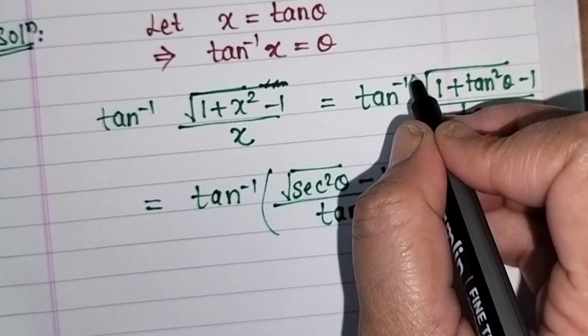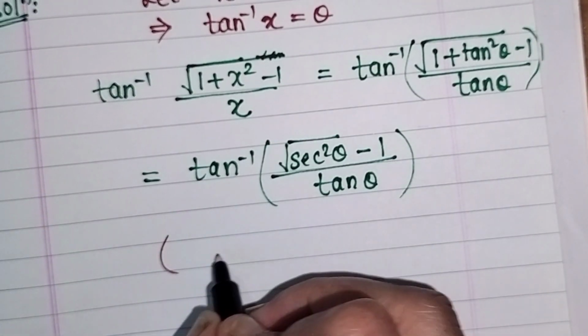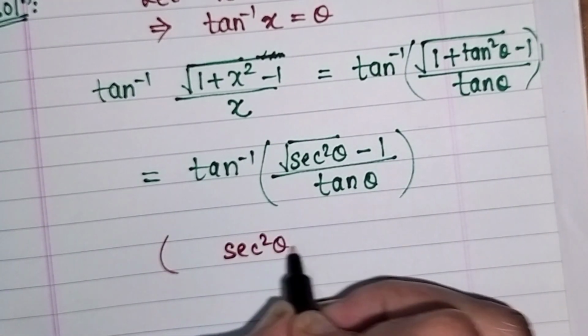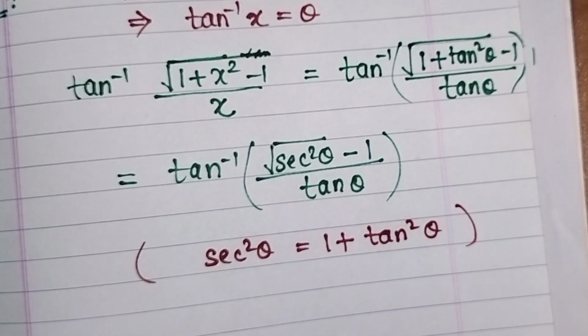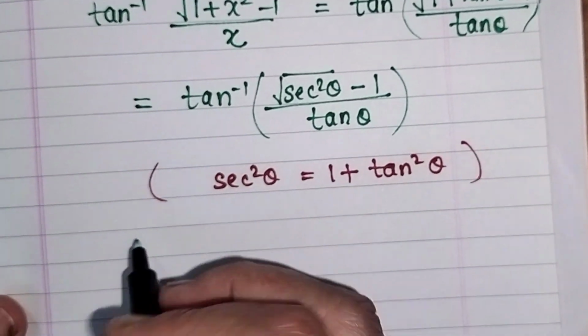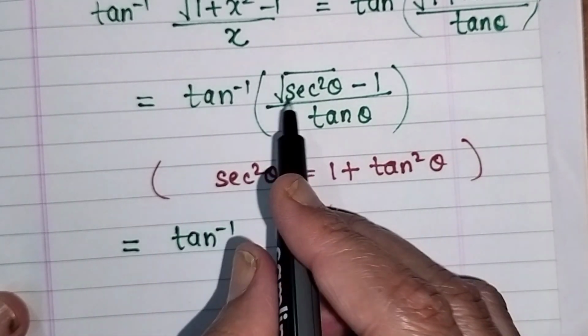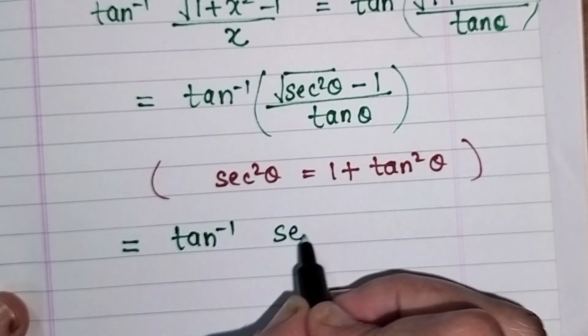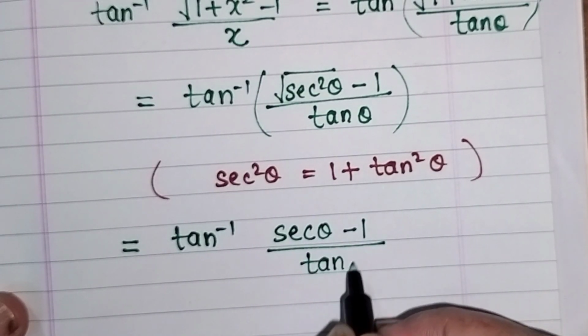Okay, so we have used the trigonometric identity, because we know that sec square theta is equal to 1 plus tan square theta. For this you should remember all the trigonometric formulae from your class 11th. Now when you take sec theta out of the under root sec square theta, it is sec theta minus 1 upon tan theta.